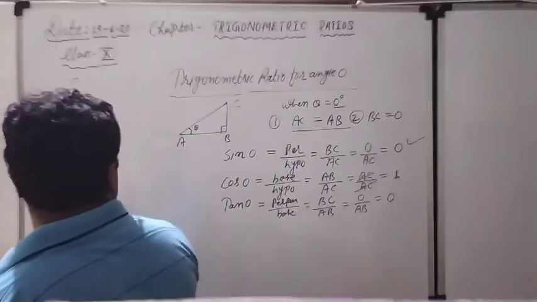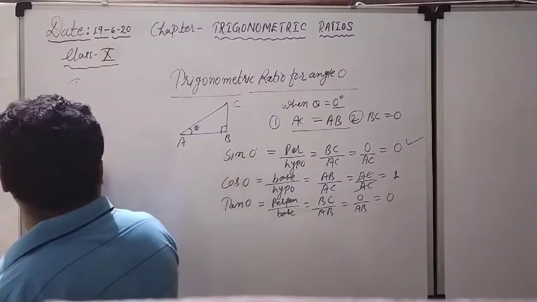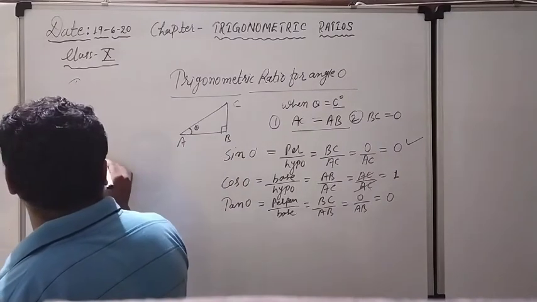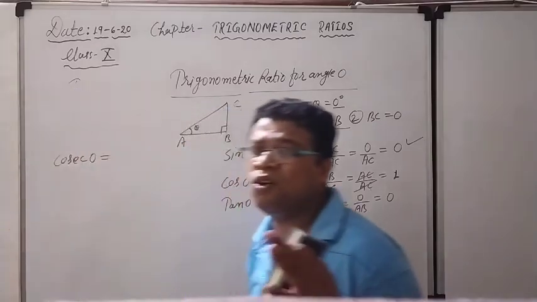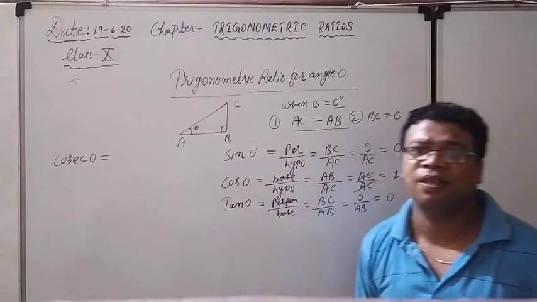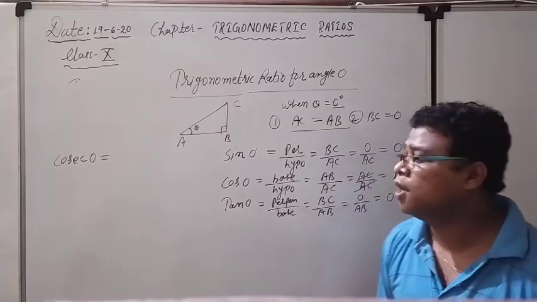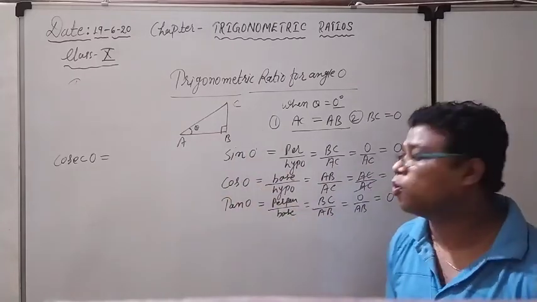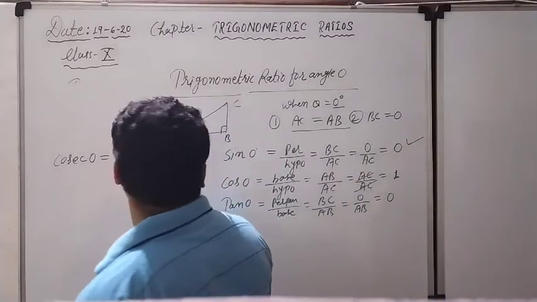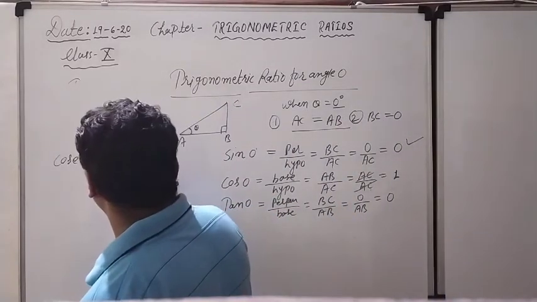So I am going to write down here, see here, what is the reciprocal of sine? Cosec. What is the reciprocal of sine 0? Cosec 0. So cosec 0 need not be found out separately, if I am remembering only 3 values, the other values are just reciprocals of each one. Right now see, again I am going to write down the same thing, cosec. Cosec means hypotenuse upon perpendicular.